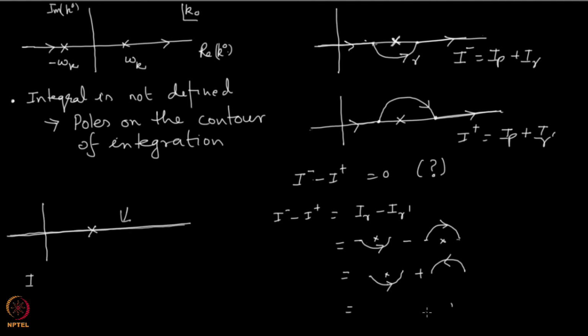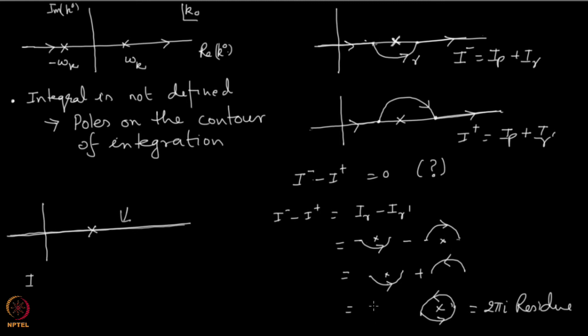The first term is going to give you this one, and the second term when you add it gives you this, and the pole is there. Okay. And this is when you do the integral, this is 2 pi i times the residue of the pole which is lying here. Okay.